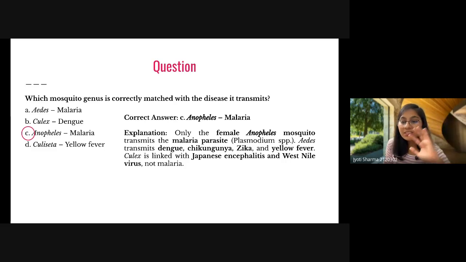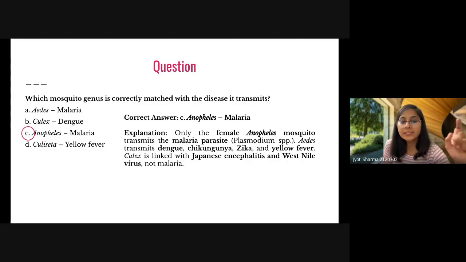The mosquito is just the carrier of that parasite. If Plasmodium is on the mosquito, and that mosquito is a female Anopheles, then only it can give you malaria.